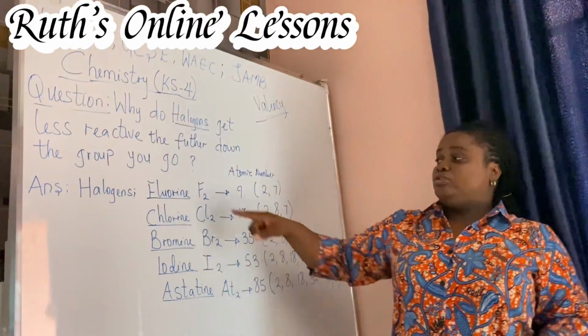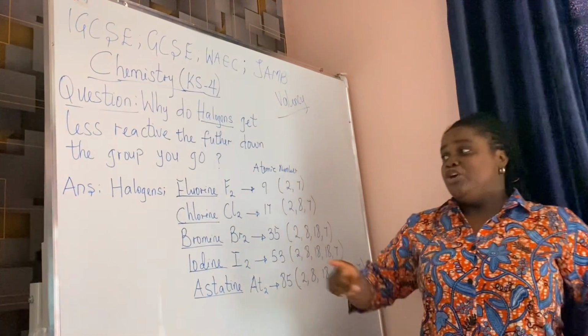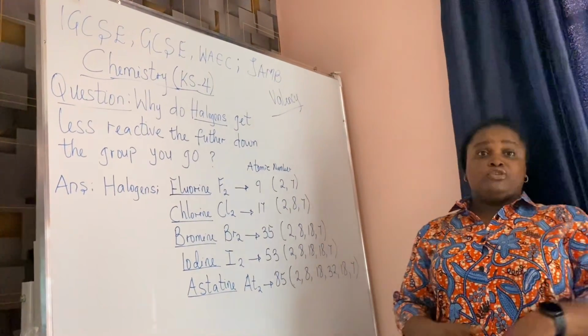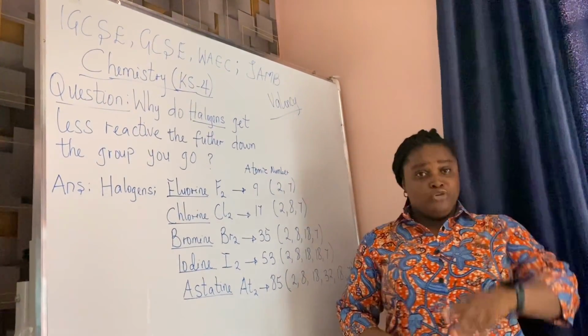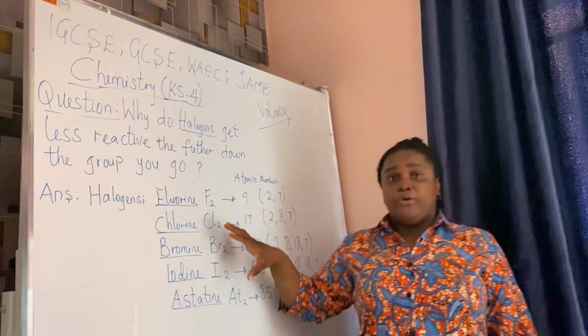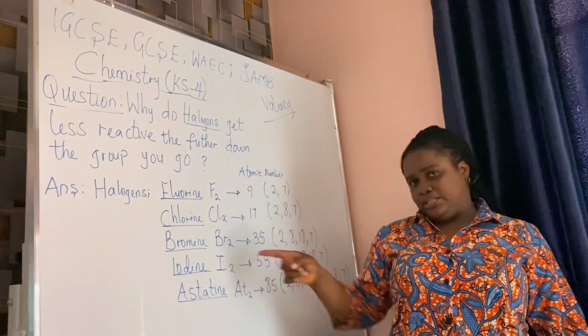So we're going to take note of these halogens. And mind you, you need to notice the arrangement. If you check your periodic table, for those of us using New School Chemistry, Ababio Comprehensive Chemistry, whatever chemistry text you're using, go to group 7, you're going to see the halogens arranged this way.